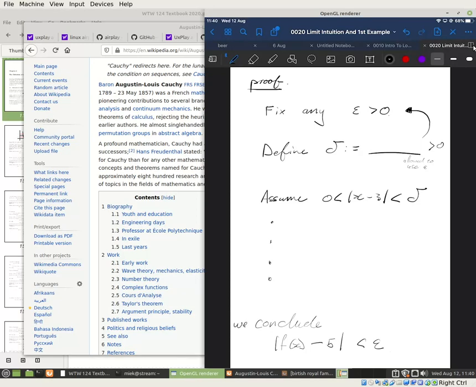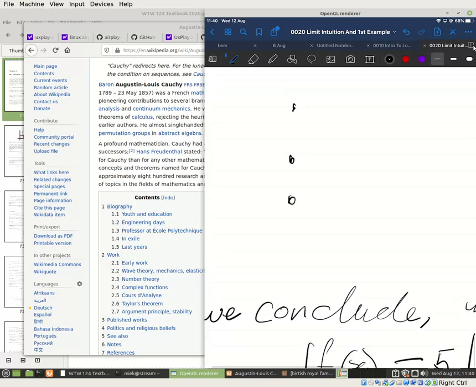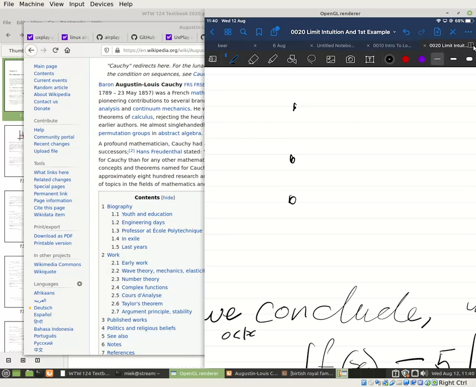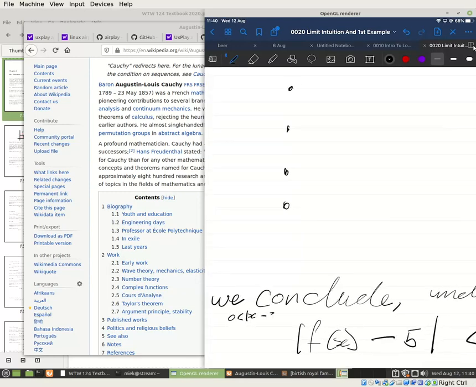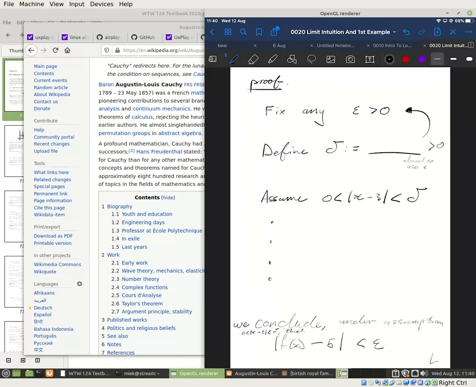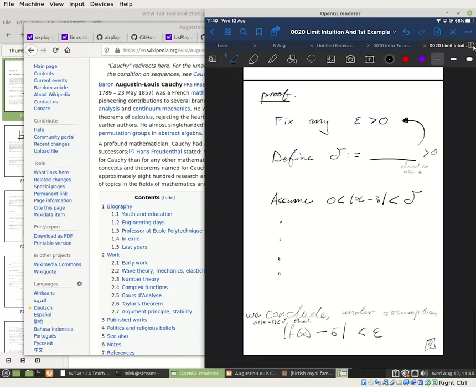So we conclude, under the assumption that 0 is less than the absolute value of x minus 3, which is less than delta, that the following holds. Okay, and here we have our proof outline.